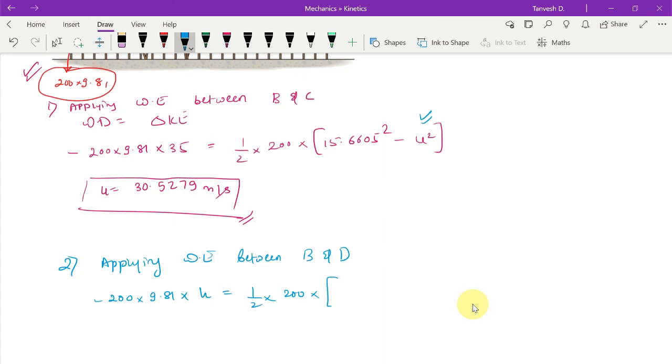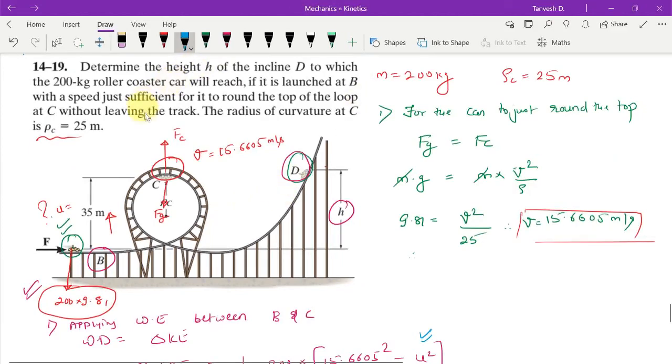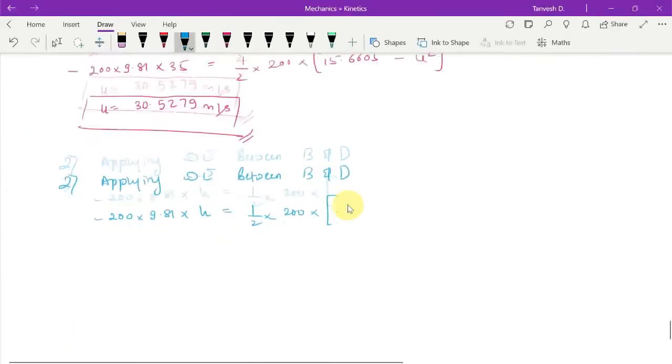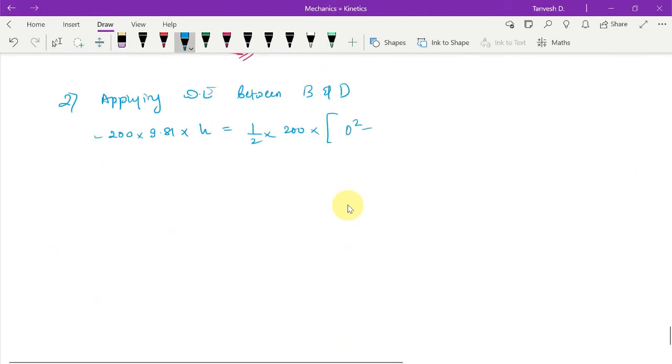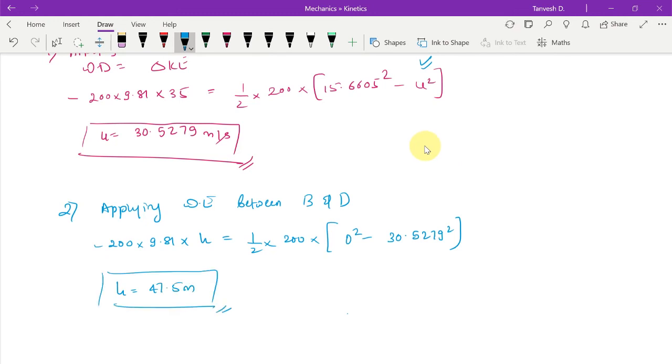We know actually the final velocity also, because here it is said that we need to determine how much it will reach here. So it means that after reaching this point D, the roller coaster stops. So V here will be equal to 0 basically. So 0 square minus 30.5279 square. So you will get H is equal to 47.5 meters. So that's it about the work energy principle.